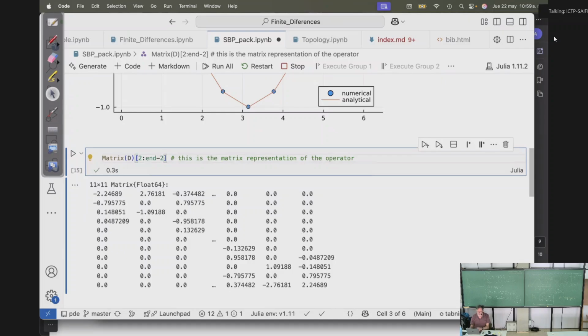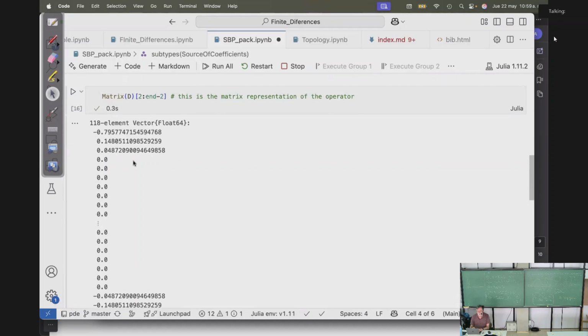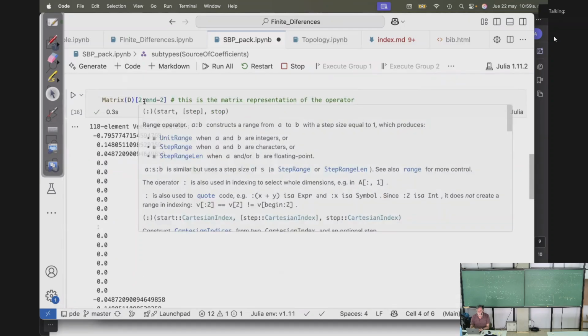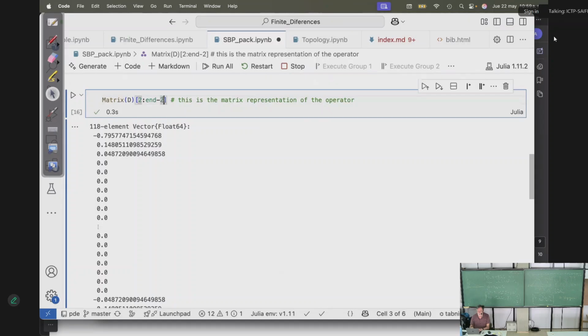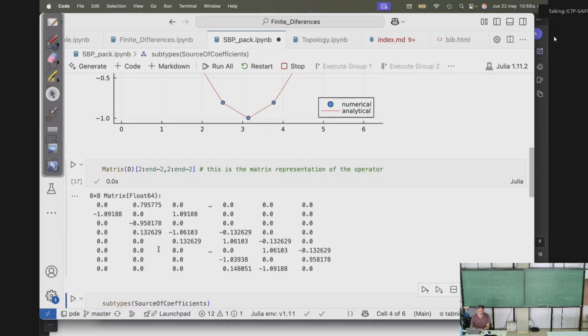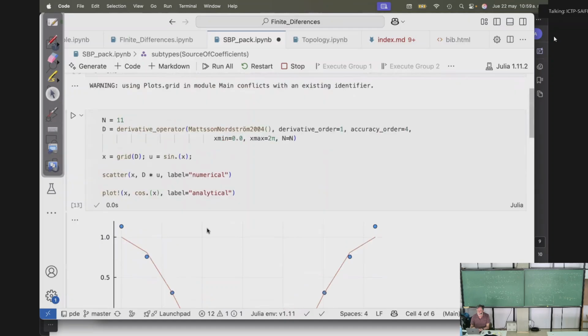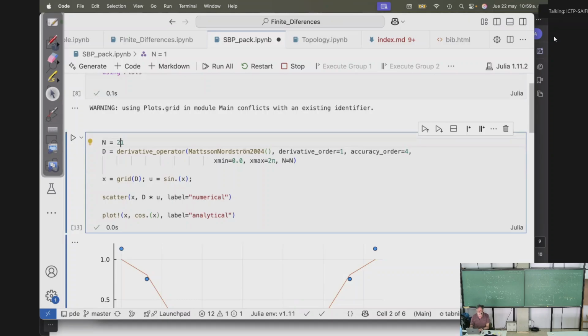So I will take out the comma 2. So this is the matrix in the middle, but it's too small. That's why I'm not seeing it. Okay, let me take, say, 21 points.